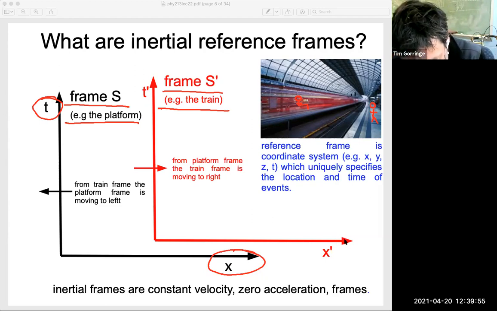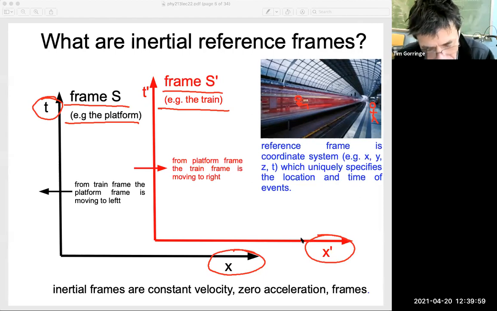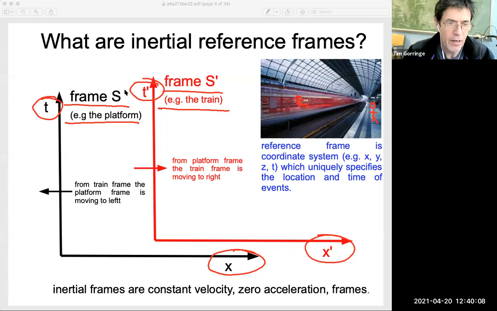And then I've done the same thing for the train reference frame. There's a spatial coordinate called X prime for the train, and there's a time coordinate T prime. And we would use those to locate the positions in space and time of objects or occurrences or events.